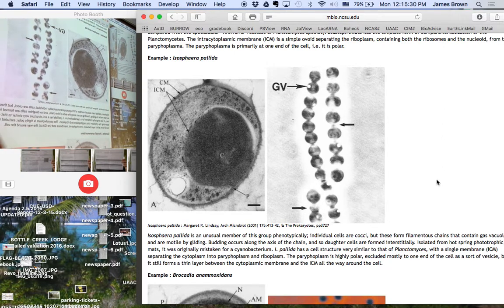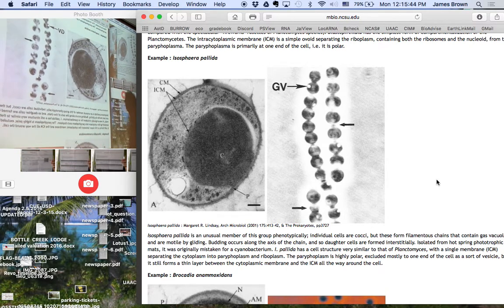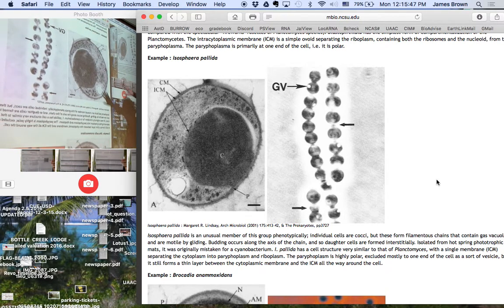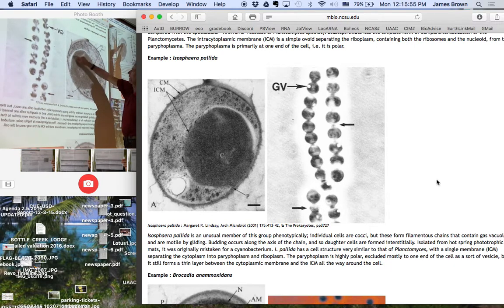These organisms contain gas vacuoles, and so float up and down in the water column. Here, the cytoplasm and the paryphoplasm here. Excuse me, that's not right. This is, in this case, the paryphoplasm, and this is the DNA.